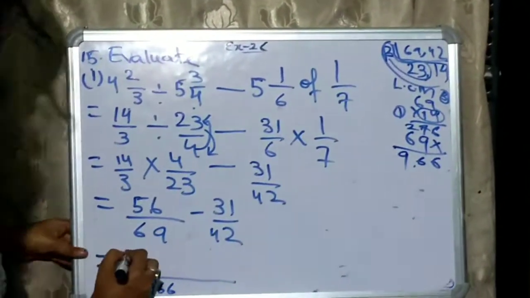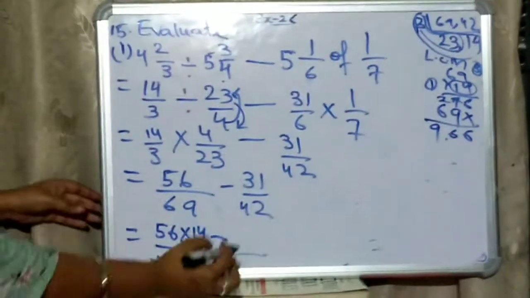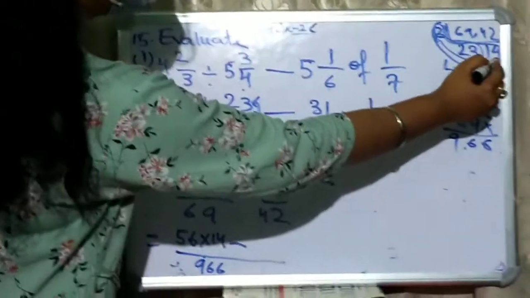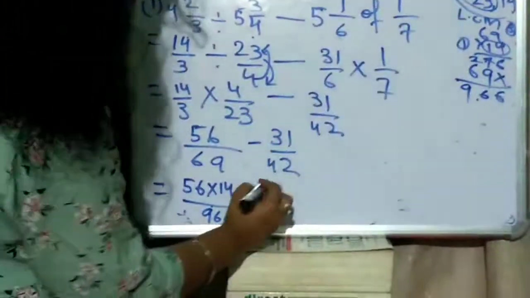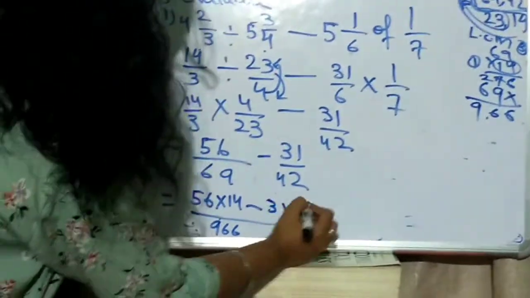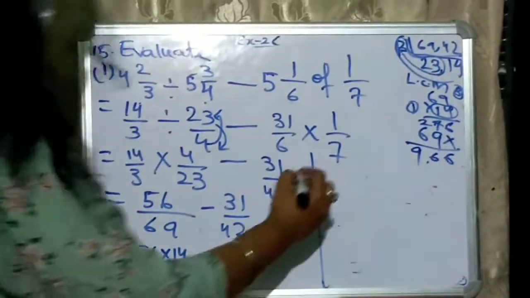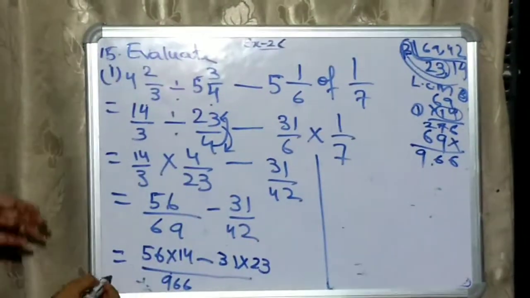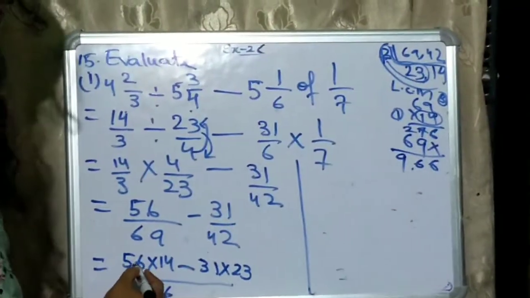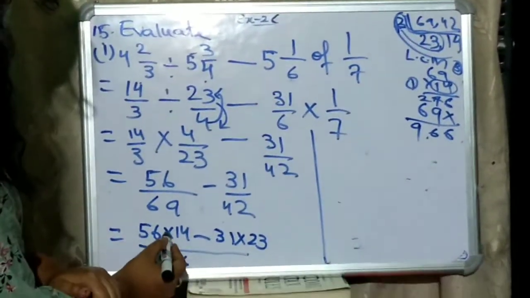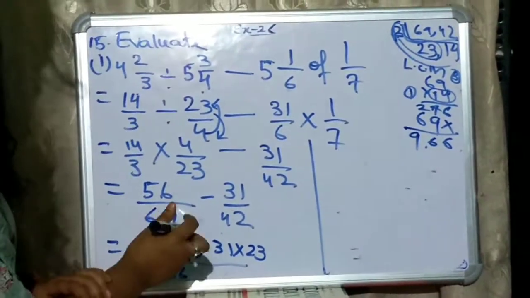This 14 you are going to multiply with 56. Minus, 966 divided by 42 is 23. This 31 you are going to multiply with 23. Now you see whether you can take some common number or not.